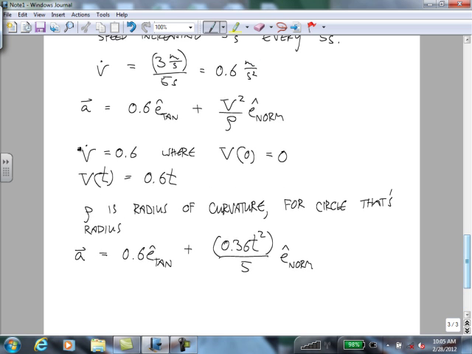Would theta be 0 at time 0? So you're trying to express this in polar coordinates? Yeah, you don't know.